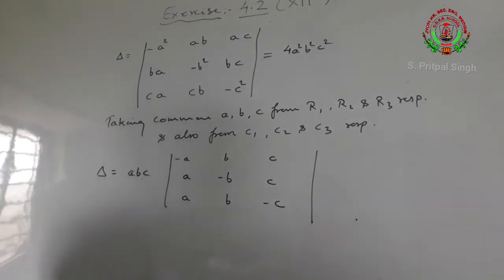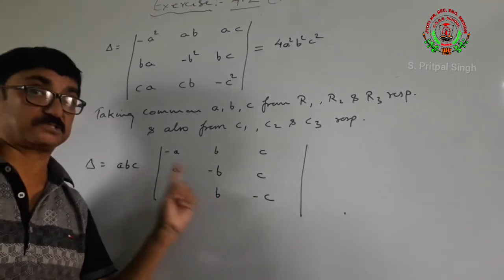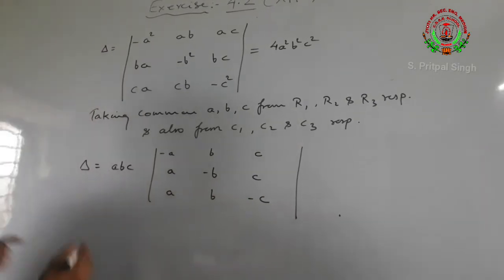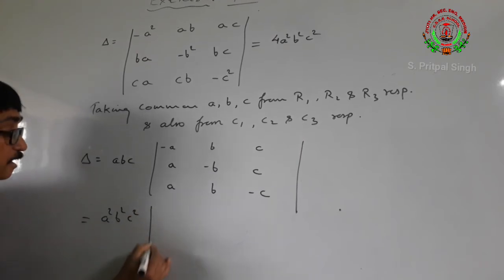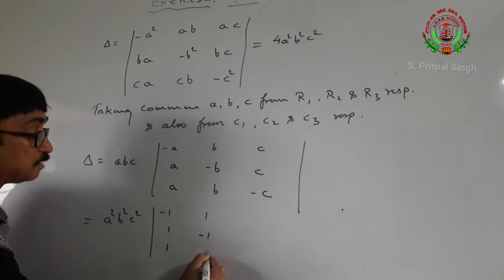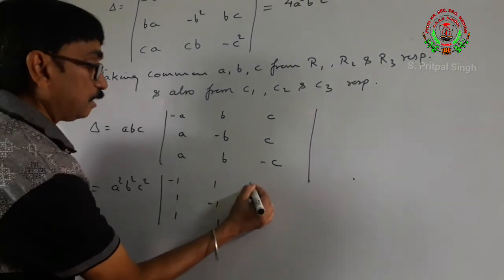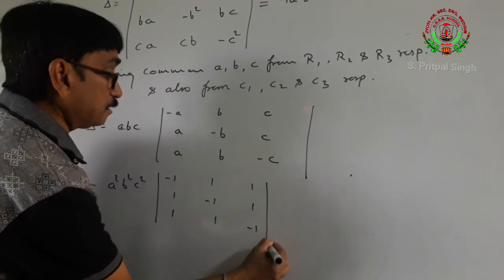Now we are going to take common a, b and c column wise, from C1, C2 and C3. So we get now a square, b square, c square, left out with minus 1, 1, 1, 1, minus 1, 1, 1, 1 and minus 1.